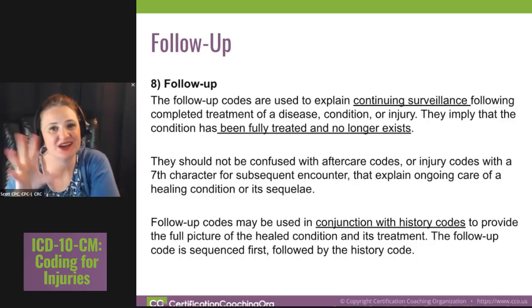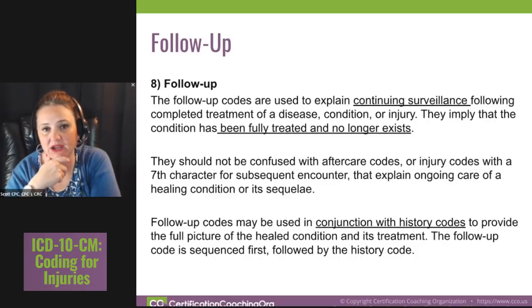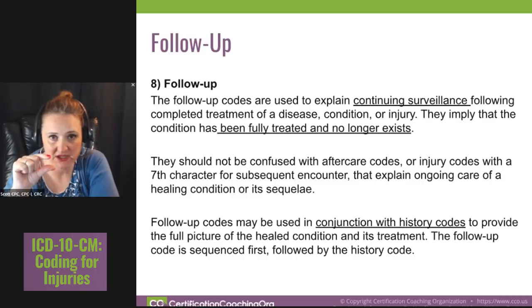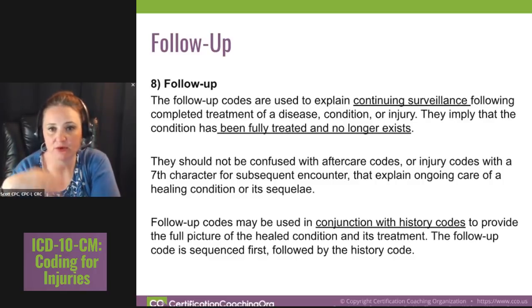But they say, okay, this pain in your knee is not related to that, or maybe it is, but then it would be a late effect. But we're just following up to make sure that everything is going well, right? Don't confuse them with aftercare. Okay, follow-up is very specific, but that verbiage, aftercare and follow-up, you'll see written on the documentation a lot.